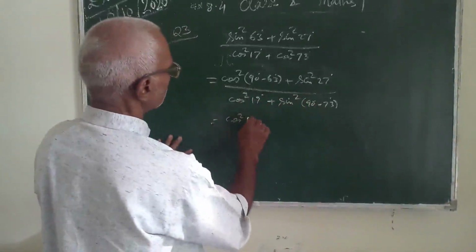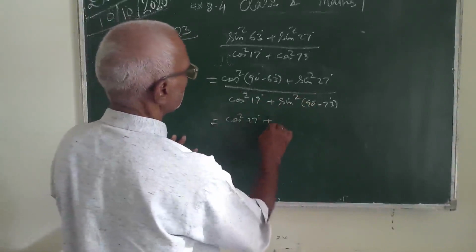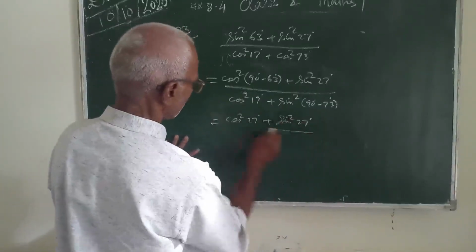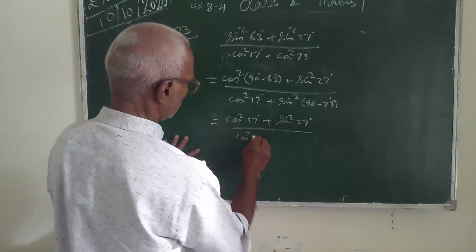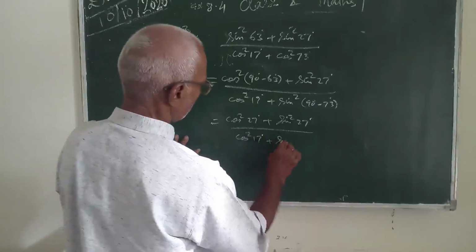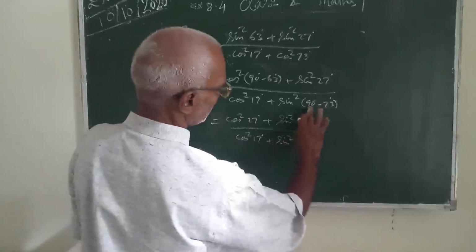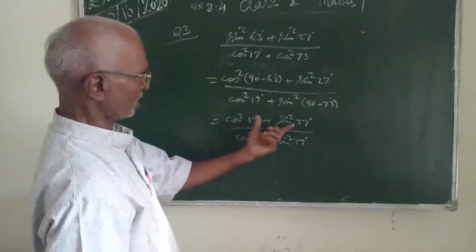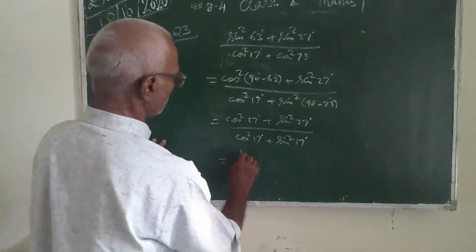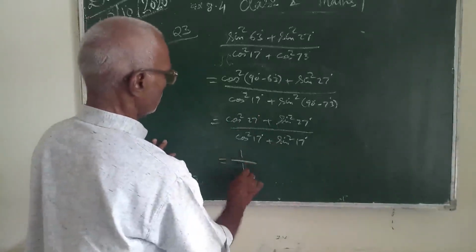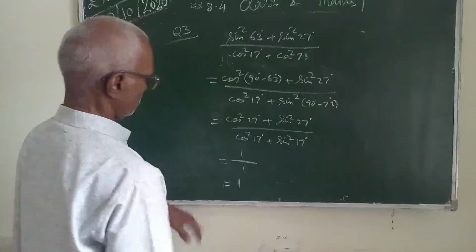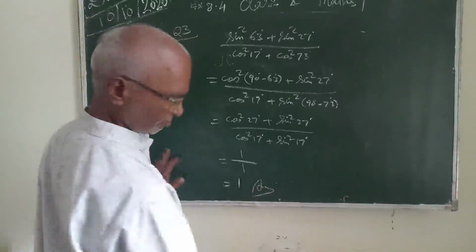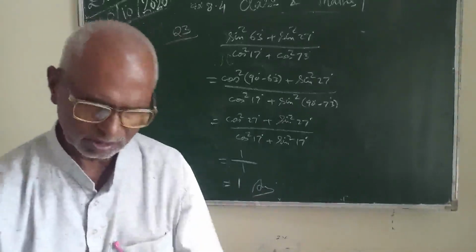So it becomes cos square 27 degree plus sine square 27 degree upon cos square 17 degree plus sine square, 90 minus 73 is 17 degree. We know a formula, sine square theta plus cos square theta is equal to 1. Therefore numerator becomes 1, denominator also becomes 1. So this will become 1, and this is the answer to the question. Question number 3, it's very simple.